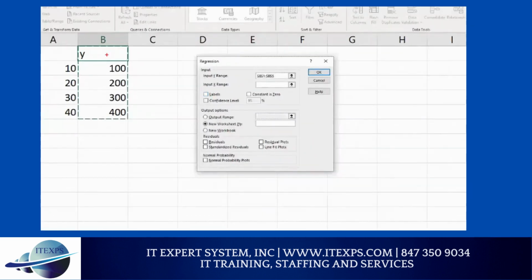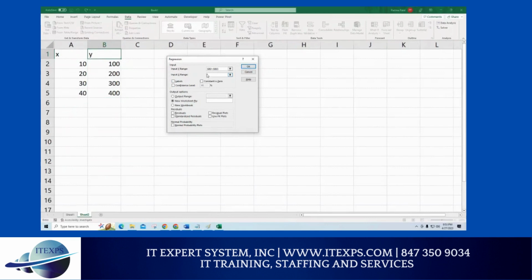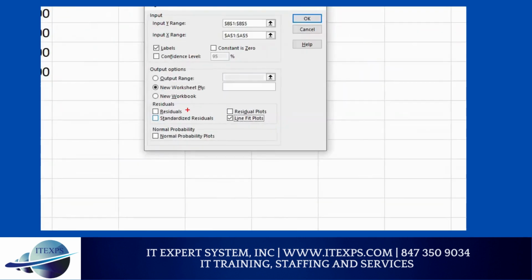After I do that, I click here. Make sure you click here, so your cursor will blink. Now you highlight this. Now click on labels because you have a label here, and then click on line fit plot. This is going to create a new worksheet and line fit.